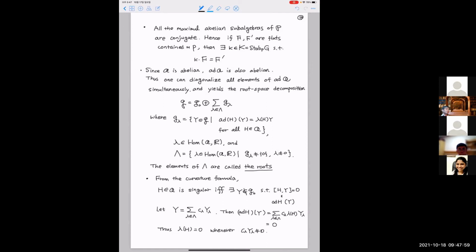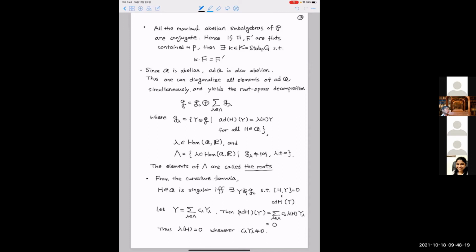So the isometry group of the symmetric space acts transitively on the space of maximal flats.